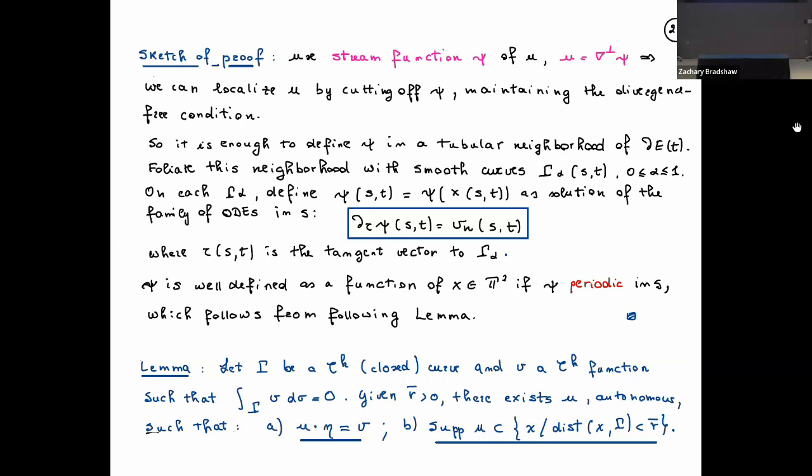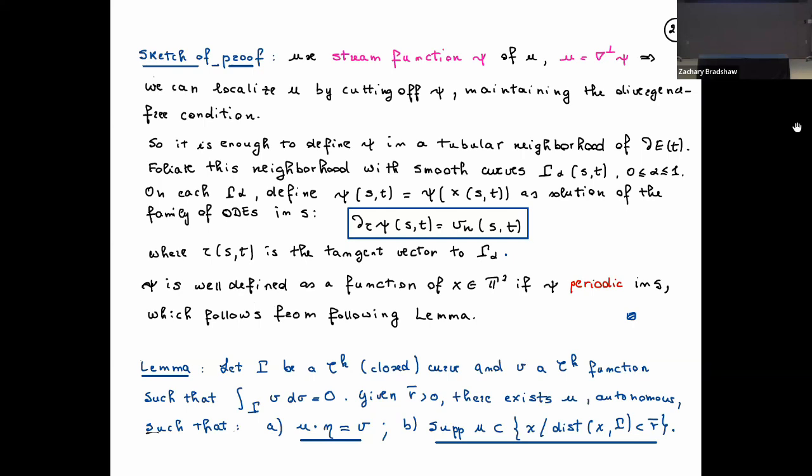And it turns out that this is true if the function psi is periodic in S. And that follows from the following lemma. So let's take gamma to be a C^k curve and V a C^k function that integrates to 0 along the curve.